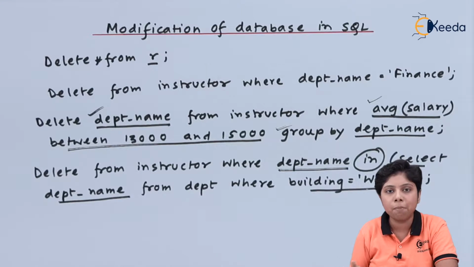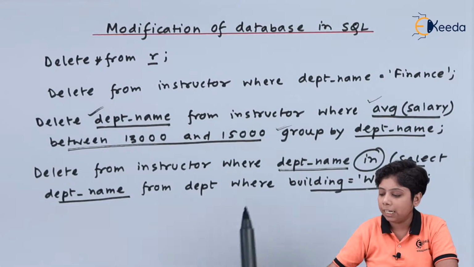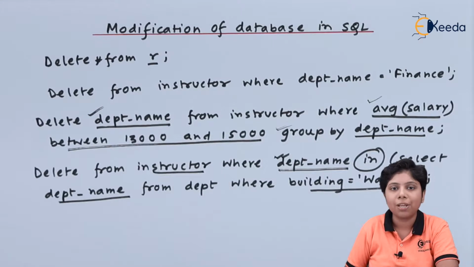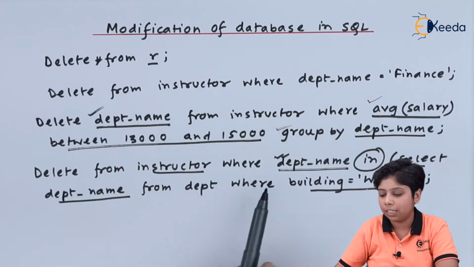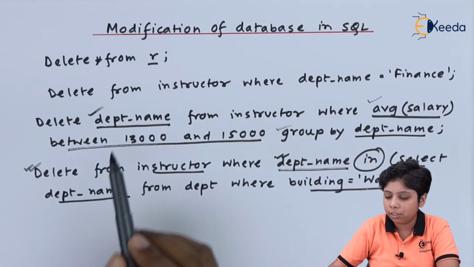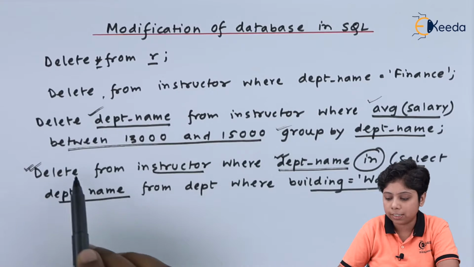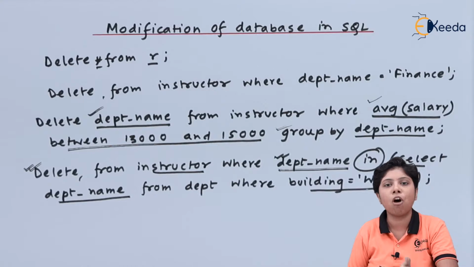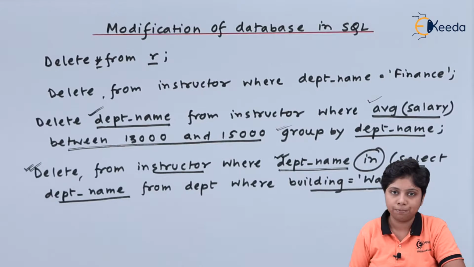We are getting a number of department names, and if the department name on the instructor relation lies within the department names of the Watson building, then I will delete those tuples or records from the relation. See here, I am not using the star, because by default delete from relation deletes all the records in a relation.